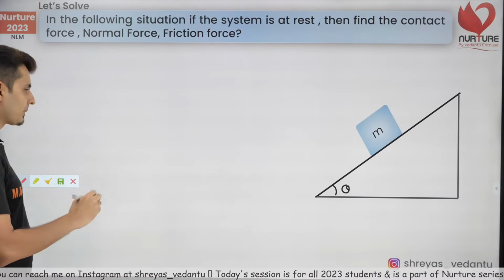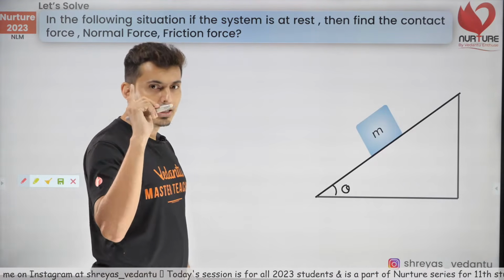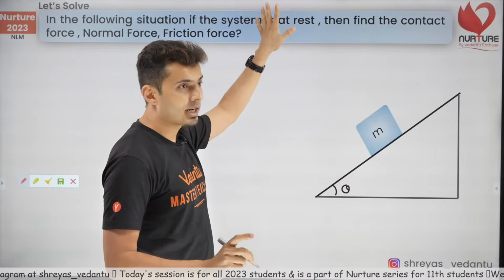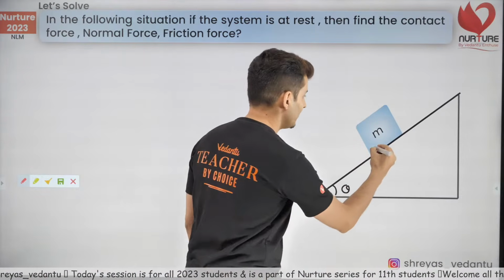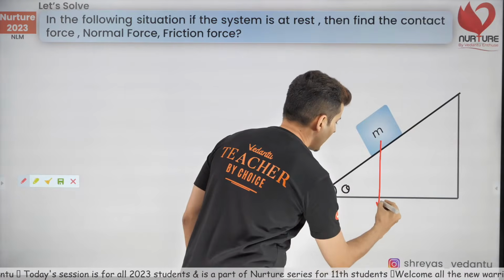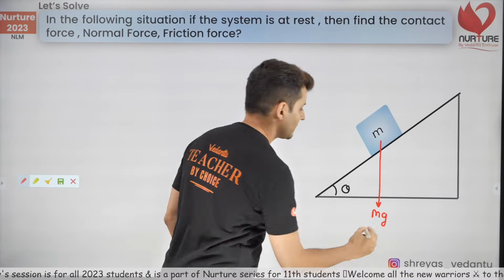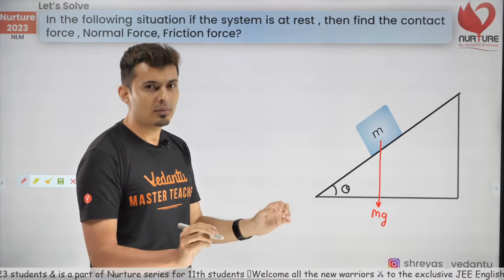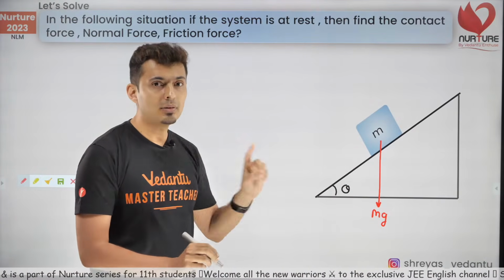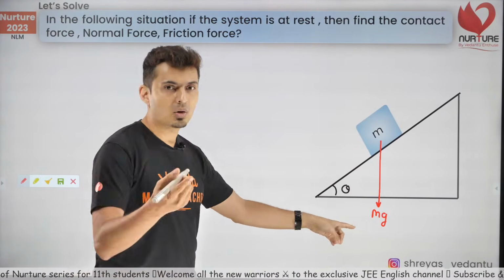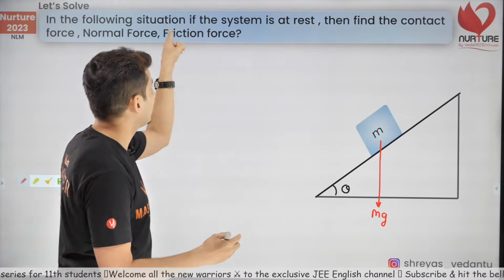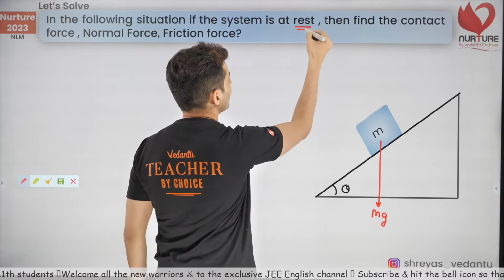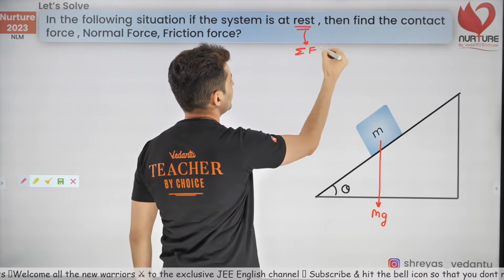There is only one force apart from contact force acting on it, and that is weight, obviously. Mg is acting down like this, right? That's the weight. If I forget friction and normal for a second, the only other force apart from the weight is contact. Since it is at rest, that means net force should be zero.